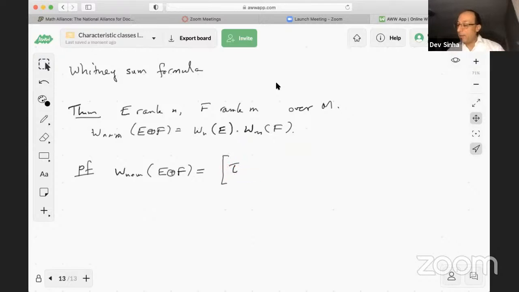It's a Thom class of, I'm going to let sigma be a section, and then I'm going to look at the pre-image of the zero section. So this is my notation for the zero section, just zero of the bundle E plus F. Okay, so zero of E plus F, that's the zero section.